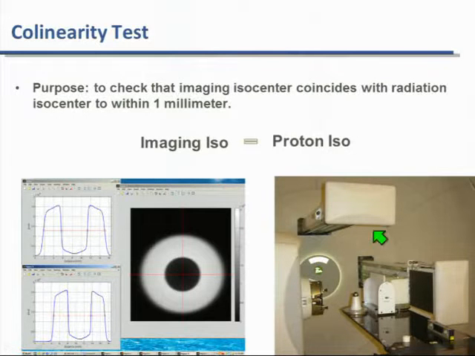You take an X-ray of this steel ball, measure those distances within the aperture to make sure it's aligned very well, and then you shoot a proton beam, and then you analyze the film, and the film isocenter and the imaging isocenter have to coincide within a millimeter. And this arrangement actually allows for a check of up to 0.1 millimeter or even more accuracy.